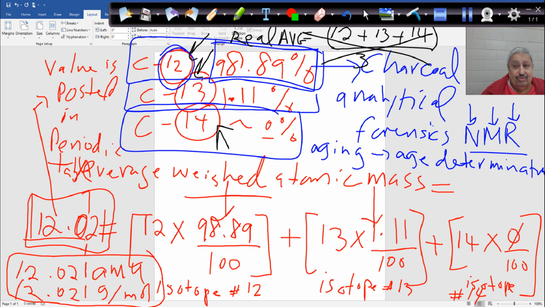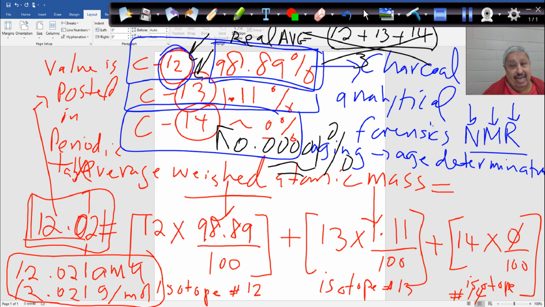Not all of those isotopes are found in nature equally. Some are found in abundance. Some of them barely, like carbon-14, which is there, not really 0%, but 0 point something. It's very minimal, but it's still there. Are you following me here?